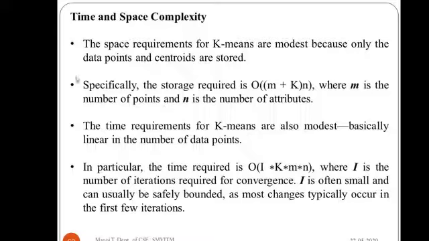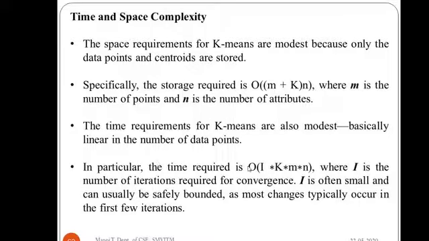And the time requirement for k-means is also modest. Basically it is linear. Since we have m points, we need to compute their distances and recompute the centroids, and keep doing this iteration until it converges.